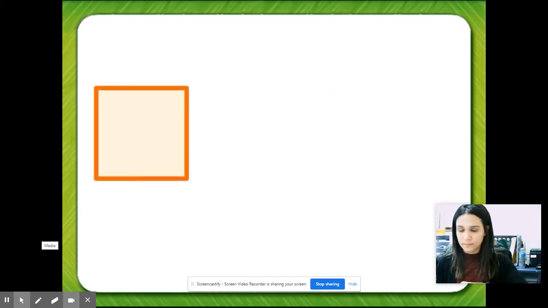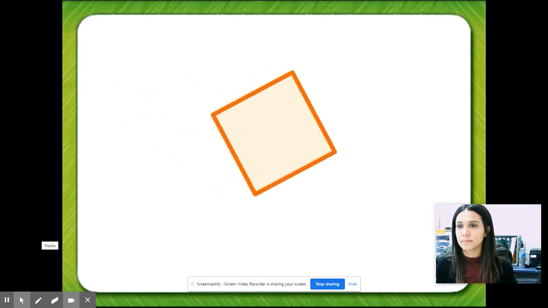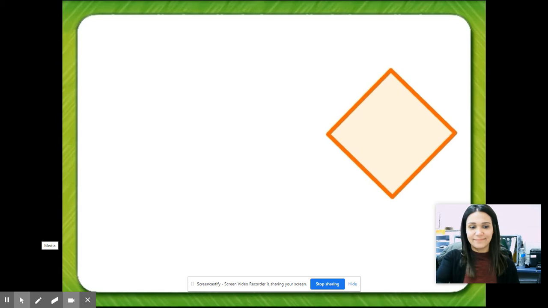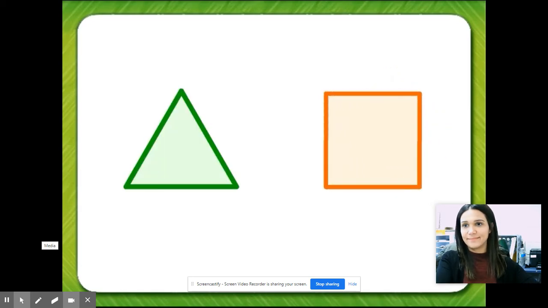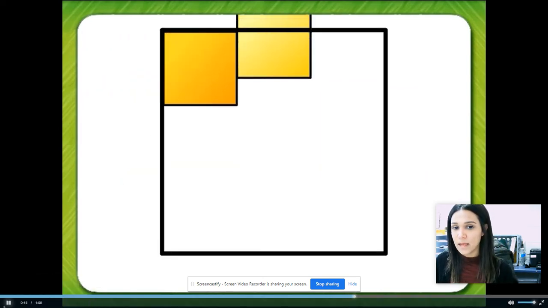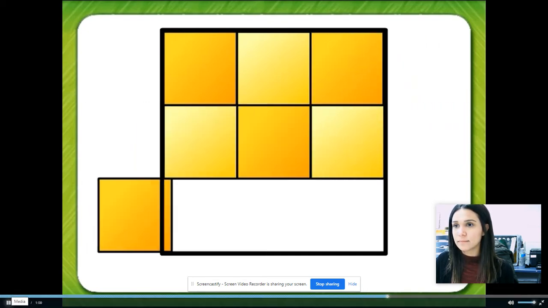Let's watch the square as it turns. The square turns and turns again. We can also use squares and triangles to make a larger square and larger triangle. Watch how these 9 small squares fit into this one large square.